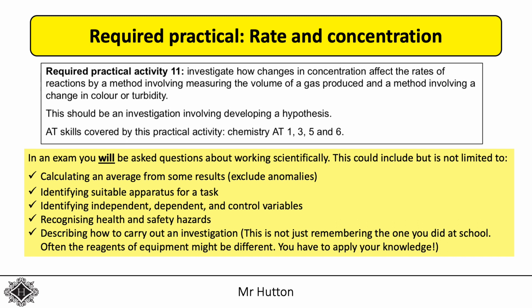They might use a different set of reactants in an exam question. But the sort of things that they might ask you about is calculating an average from some results. Remember, you need to exclude any anomalies before you do that. So an anomaly is a data point that doesn't fit the trend. So you'd exclude that before you did your average.